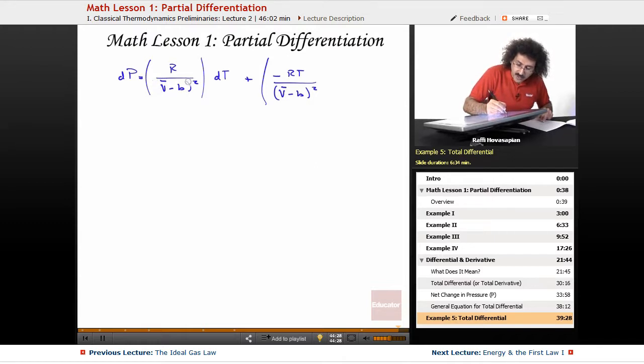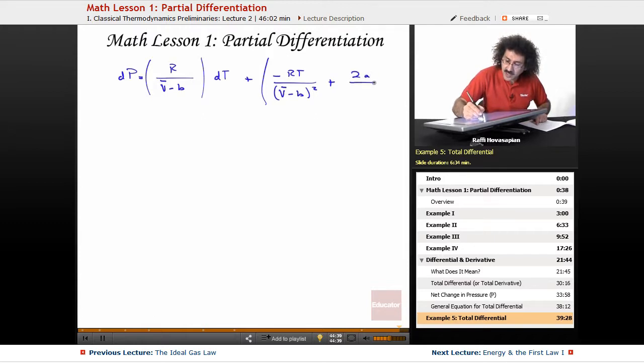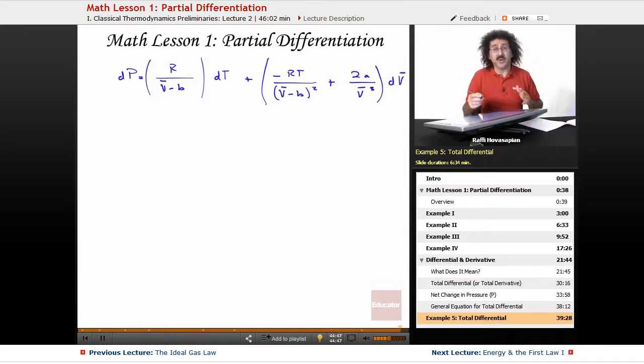This one is squared, not this one, V minus B. It's going to happen a lot. Plus 2A over V cubed times dV. This is the total differential for the van der Waals equation.